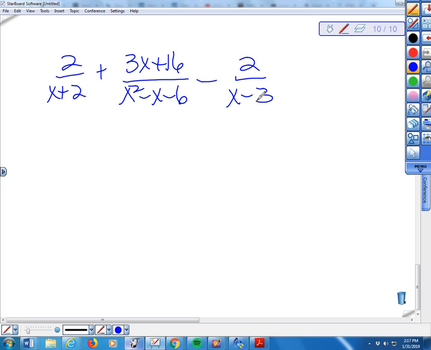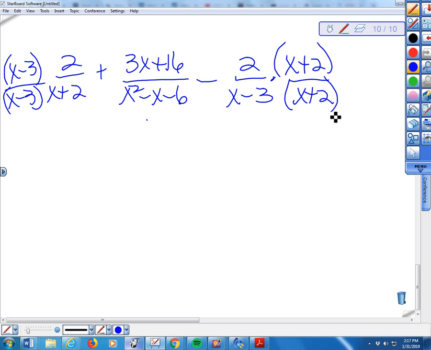How does this factor? 3 and 2. X minus 3, x plus 2, right? Which is what I have here and here. So I'm close. This is going to be my common denominator. So I need to multiply this times x minus 3. This times x plus 2. Okay, and this I don't have to do anything because it's already there.